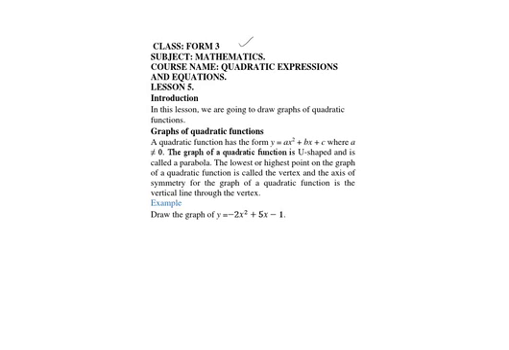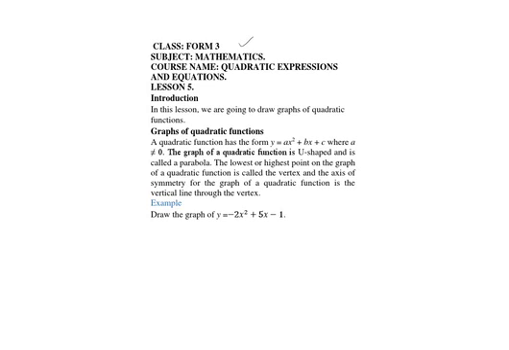A quadratic function has the form y equals ax squared plus bx plus c, where a should not be 0. The graph of a quadratic function is U-shaped and is called a parabola. It can have the lowest point or a highest point depending on the side it is opening.